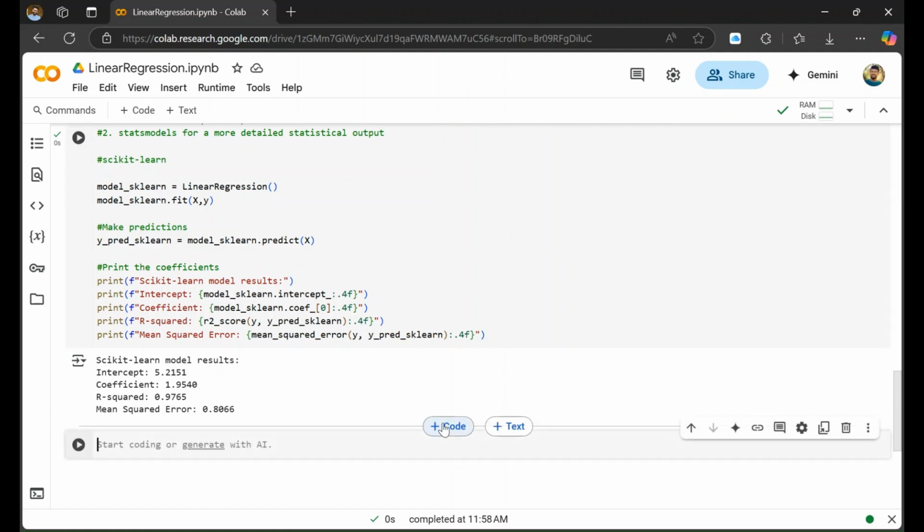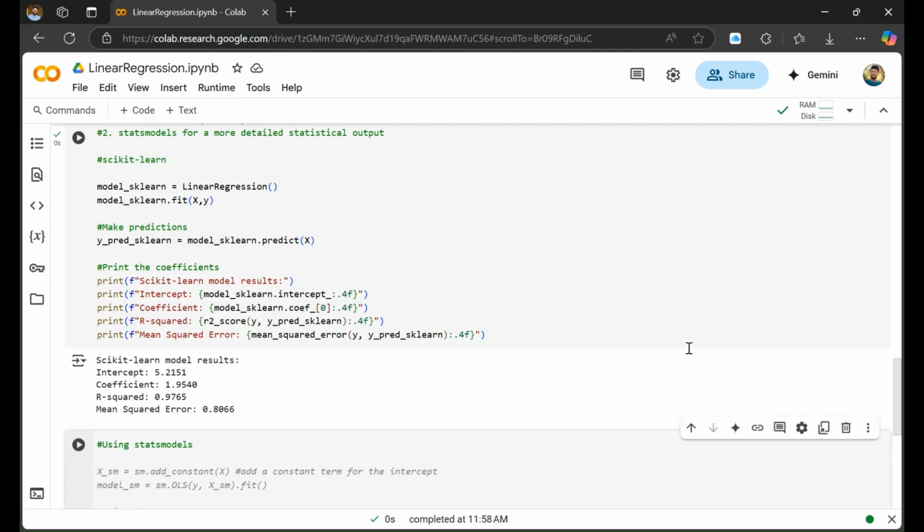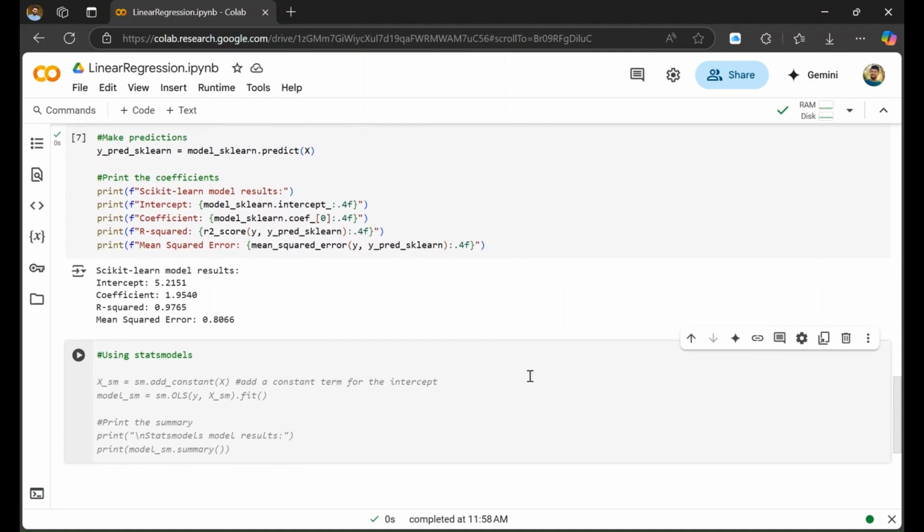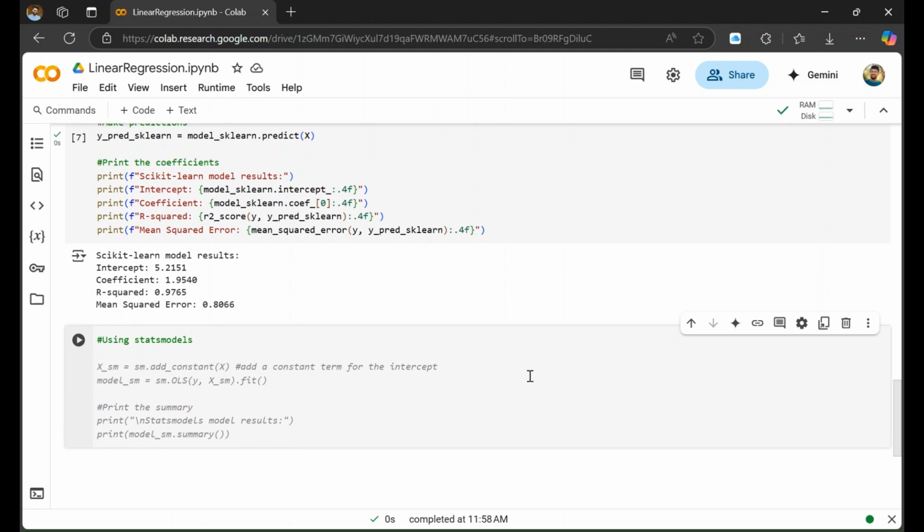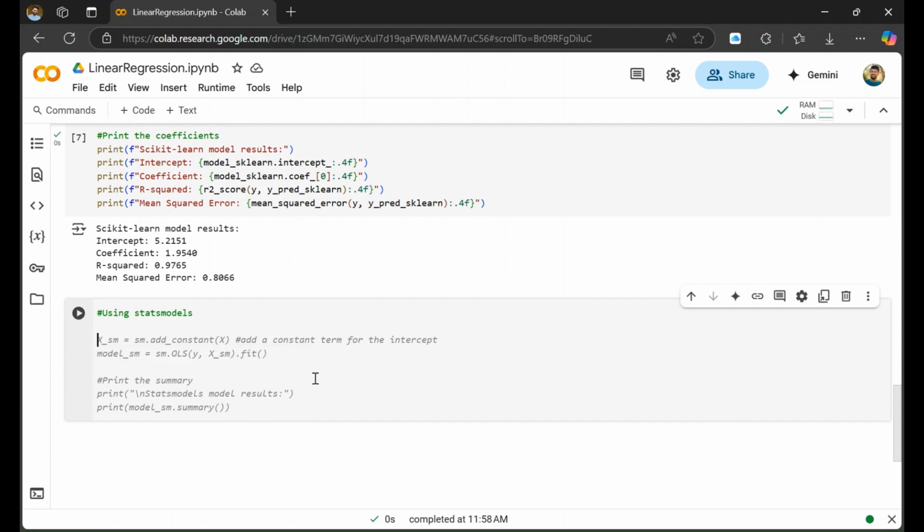Now let's run this using statsmodels. Here it will give us a more detailed output than the scikit-learn model. So we will first add a constant. Gemini is already giving us the code.